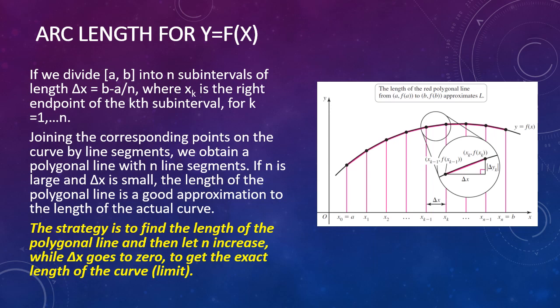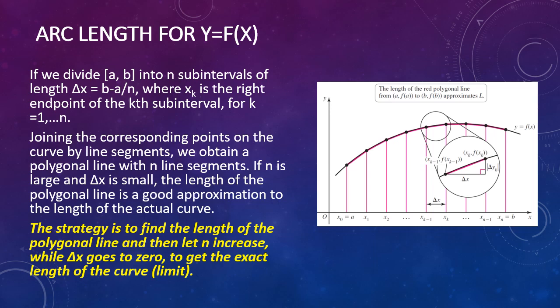By joining the corresponding points on the curve by line segments, we obtain a polygonal line with n line segments. If n is large and delta x is small, the length of the polygonal line is a good approximation to the length of the actual curve.